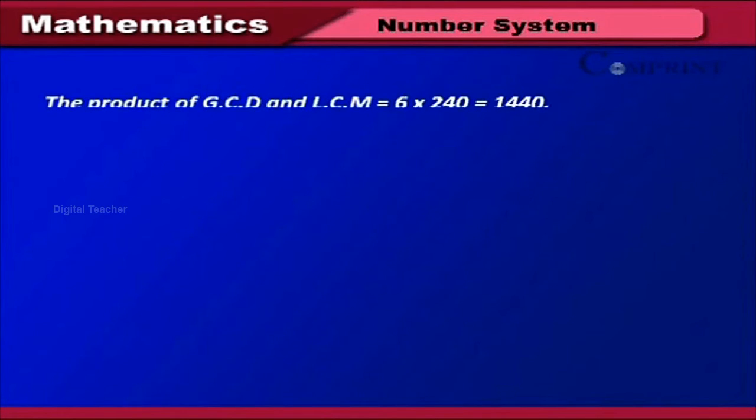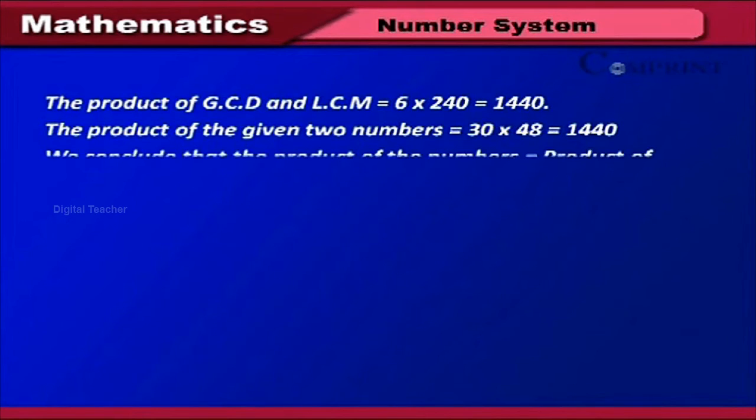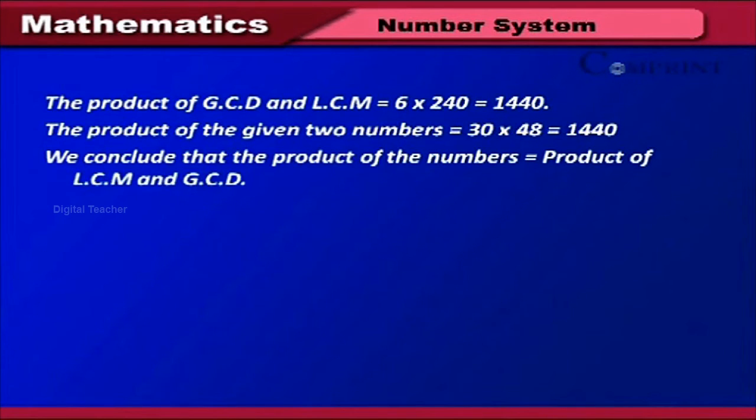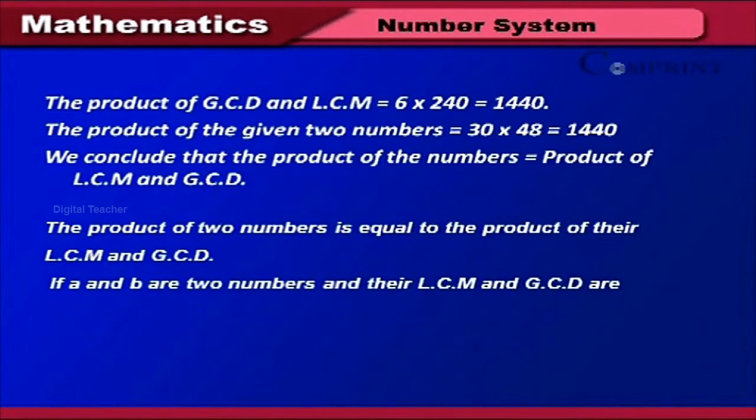The product of GCD and LCM is equal to 6 into 240 is equal to 1440. The product of the given two numbers is equal to 30 into 48 is equal to 1440. We conclude that the product of the numbers is equal to the product of LCM and GCD.